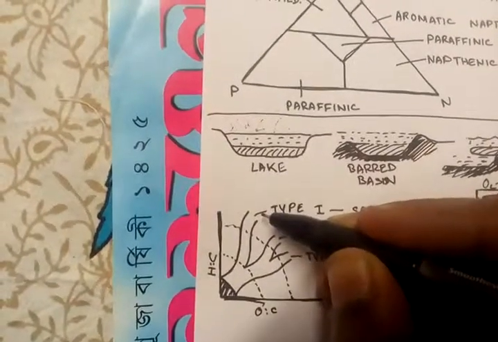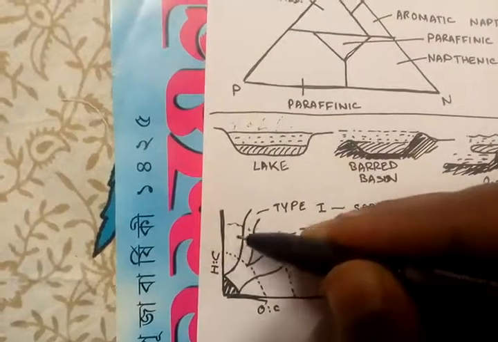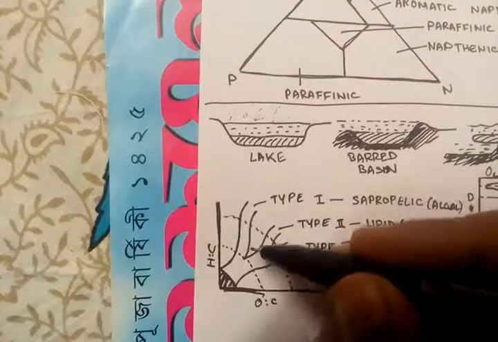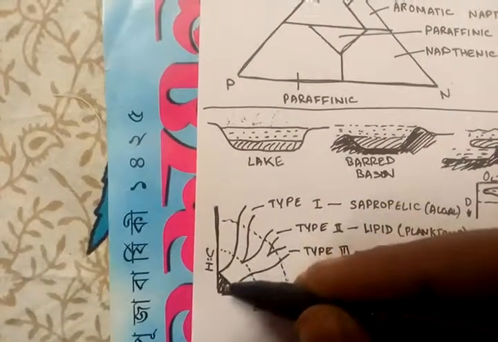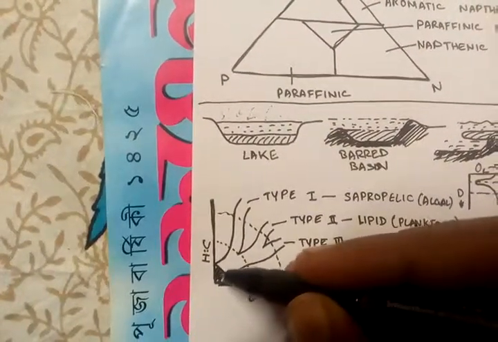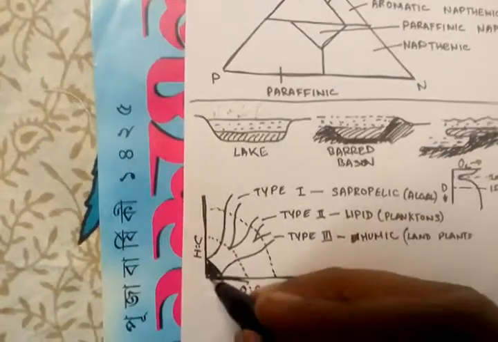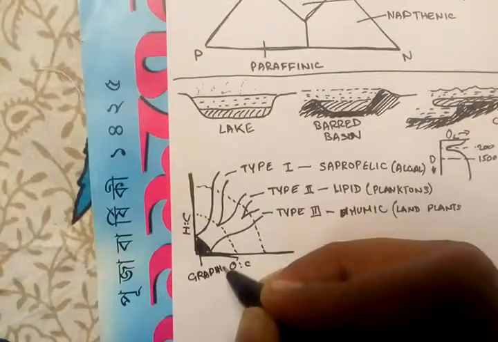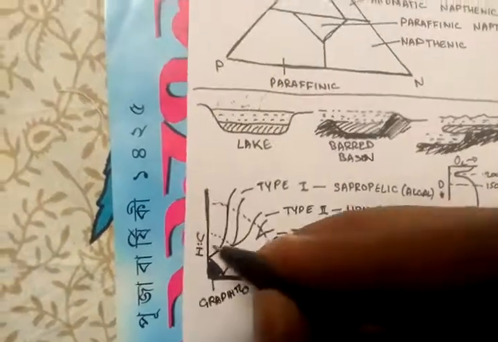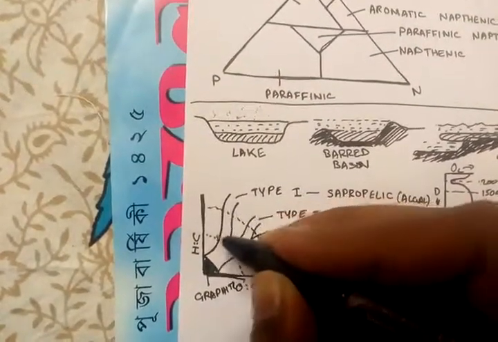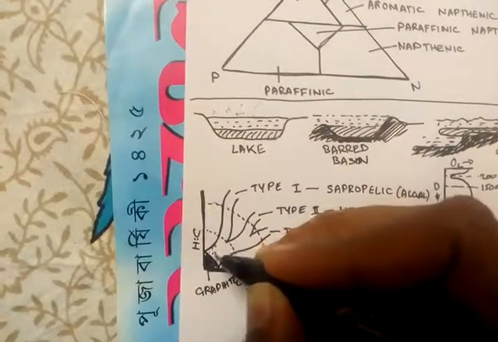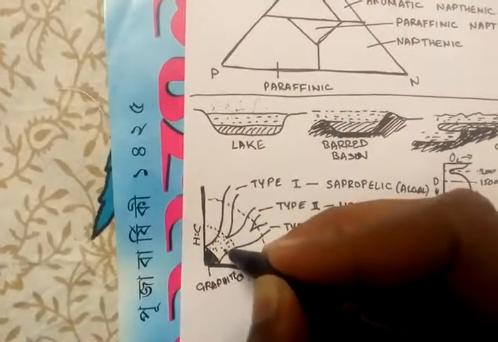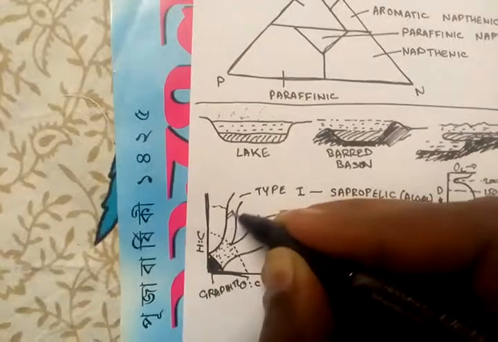Once the maturation starts, the O to C ratio initially falls, after that the H to C ratio falls, and finally we reach this point, which is basically graphite. Then we have this phase, three distinct phases we have.